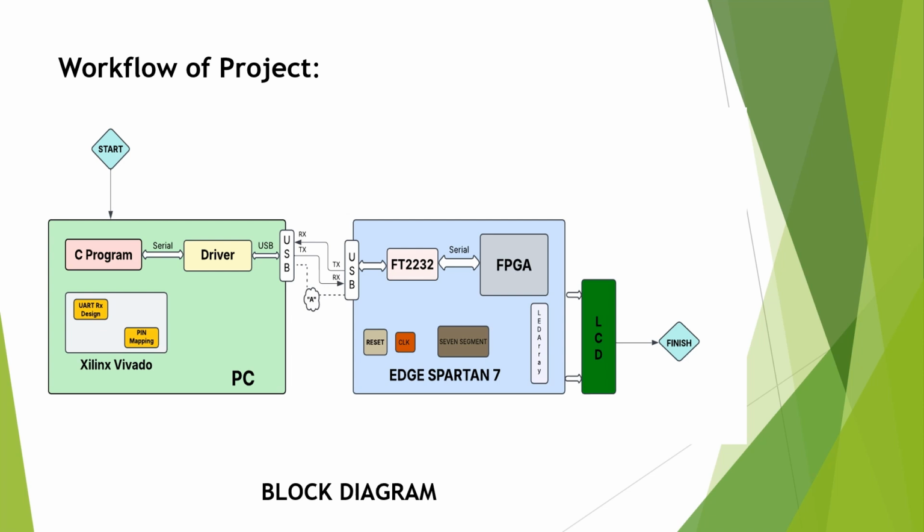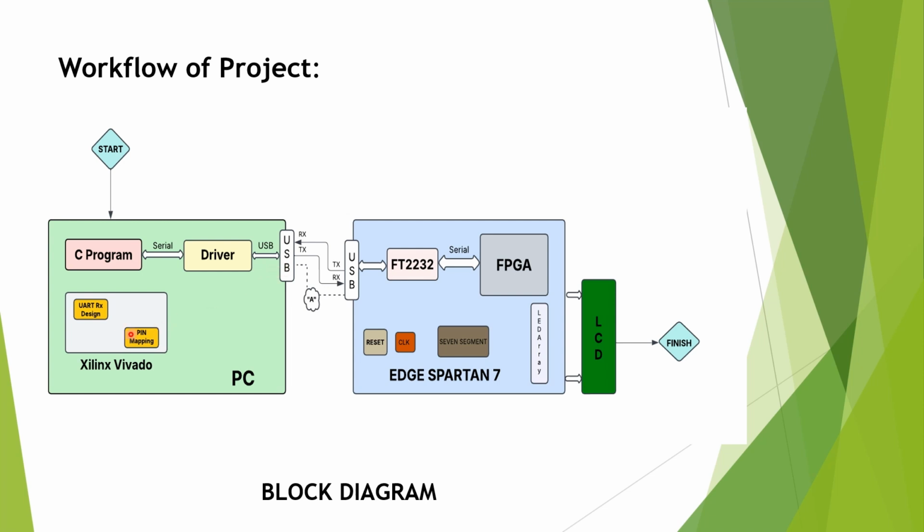Now we will walk through the workflow of our project, highlighting how data flows between the PC and FPGA to be displayed on LCD. So first step is data transmission from the PC. The process begins with a C program running on the PC. This program generates a character or a string that we need to transmit via UART. The data is sent through a serial interface to a driver which handles communication over USB.